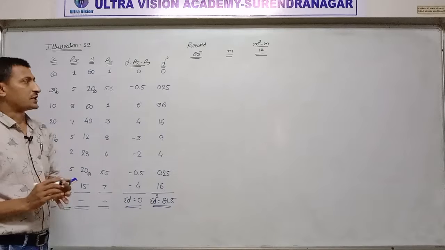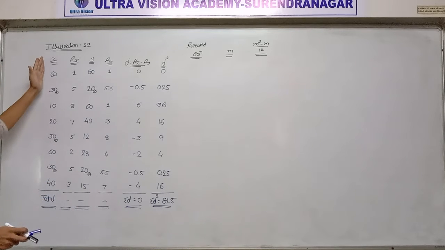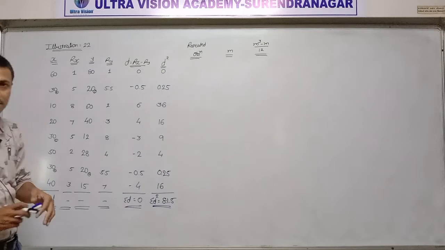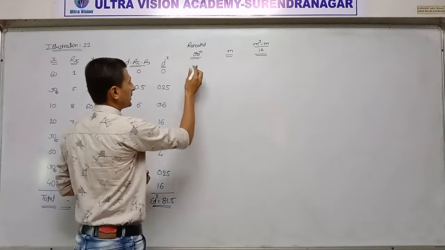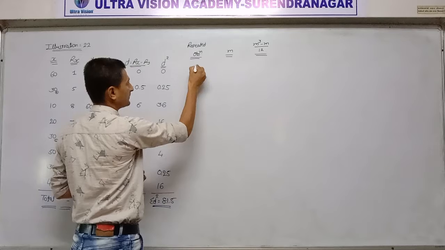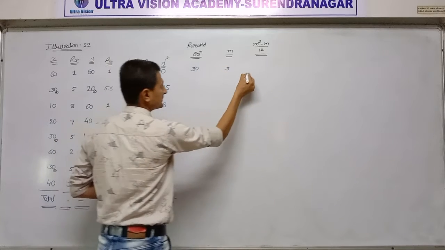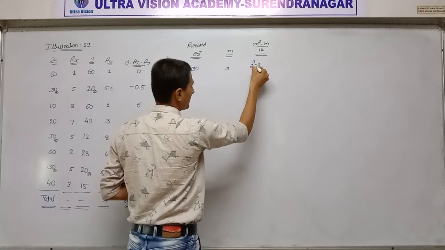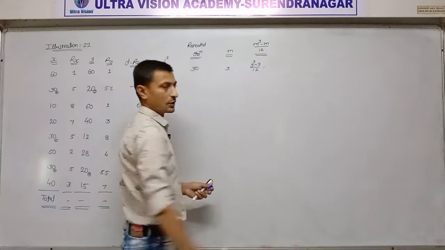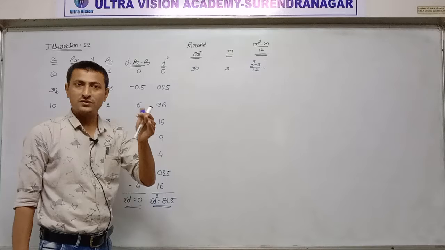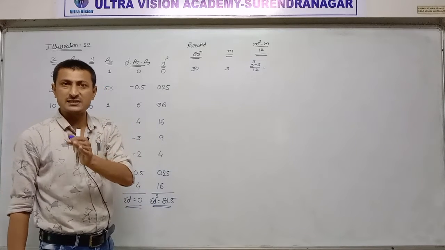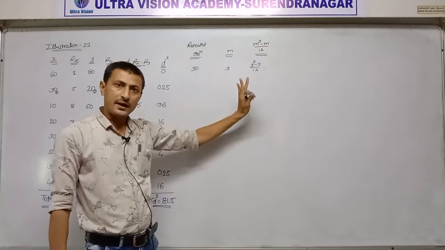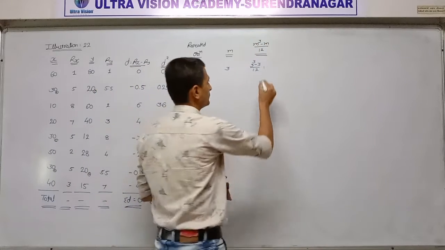Check the value of variable x: observation 30 is repeated 3 times. You write 3 cube minus 3 by 12. Using calculation, 3 cube is 3 into 3 into 3, 27, minus 3, 24, divided by 12. Your answer is 2.